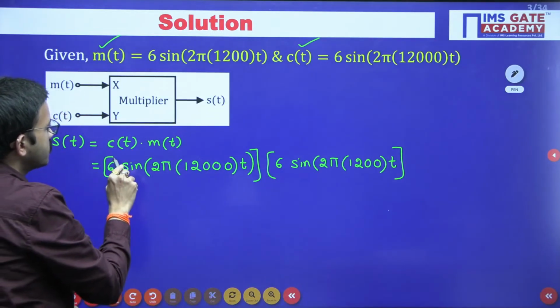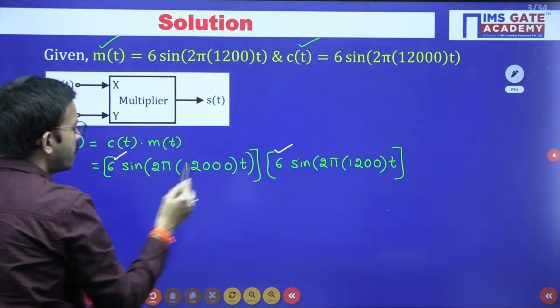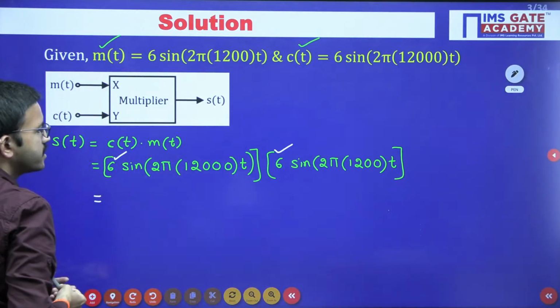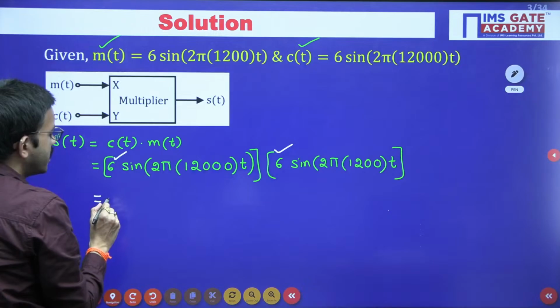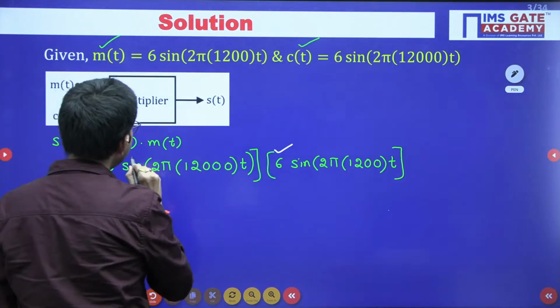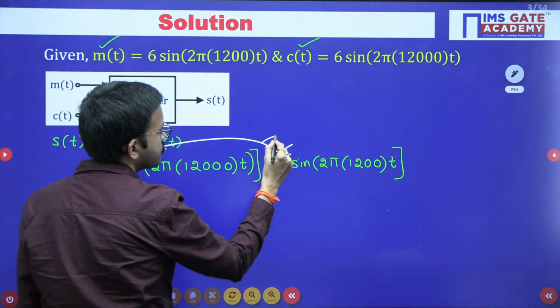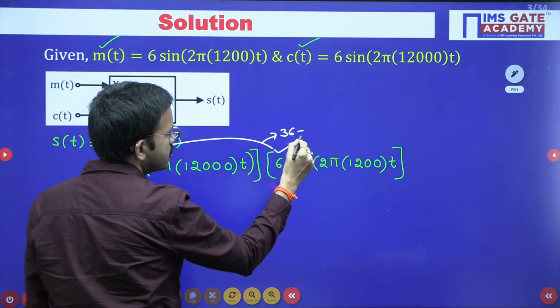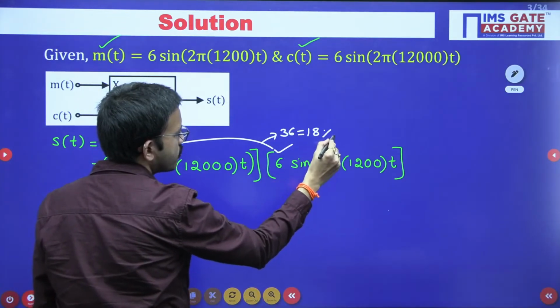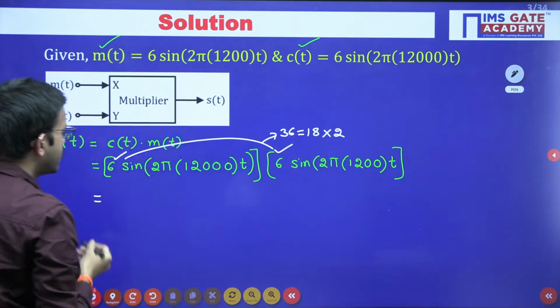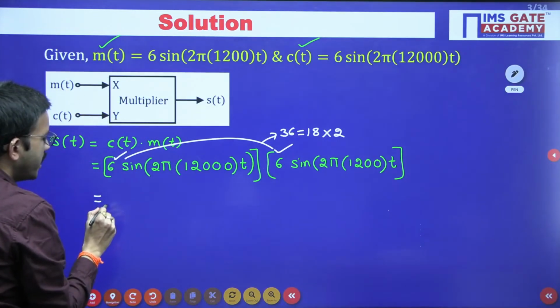If you observe, 6 is there, 6 is there. When you multiply, you get 36. For the time being, I will write that as 6 into 6 equals 36, and that 36 you can write as 18 into 2. Why I am writing it like this, you can easily understand.